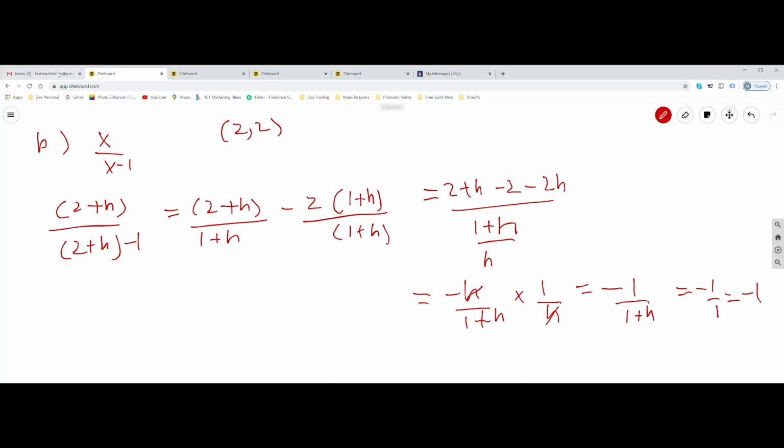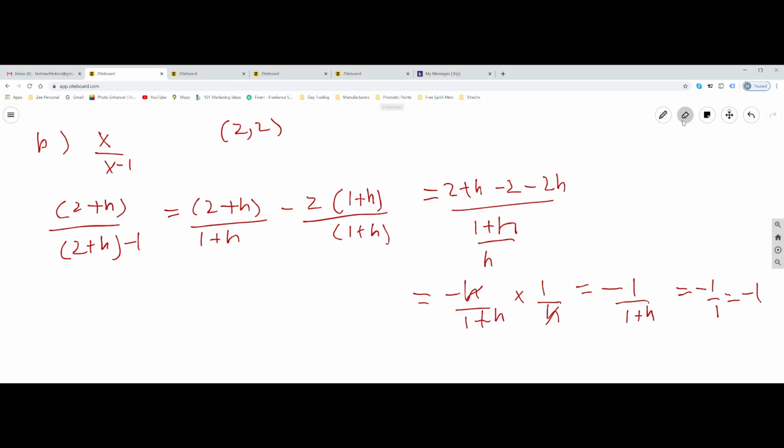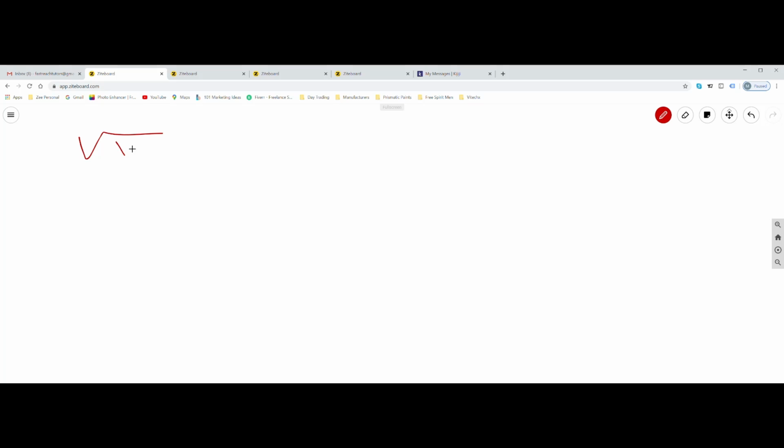The next question is C, which is square root of x plus 1, and you have the points 24.